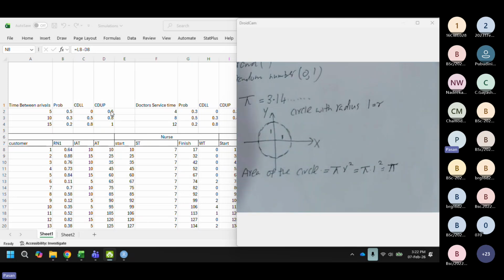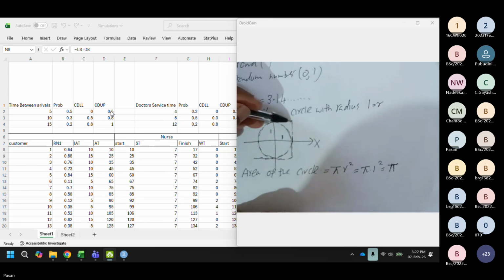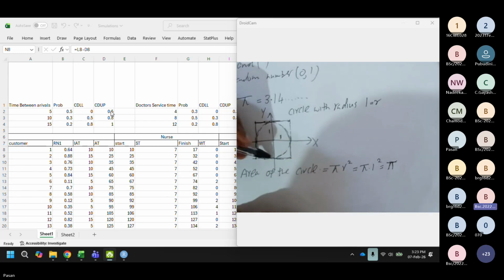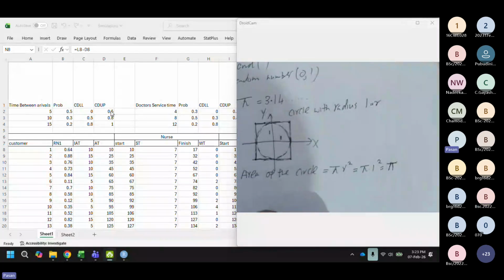To measure that, using the random numbers, what I'm going to do is I will draw a square like this. I will draw a square like that.